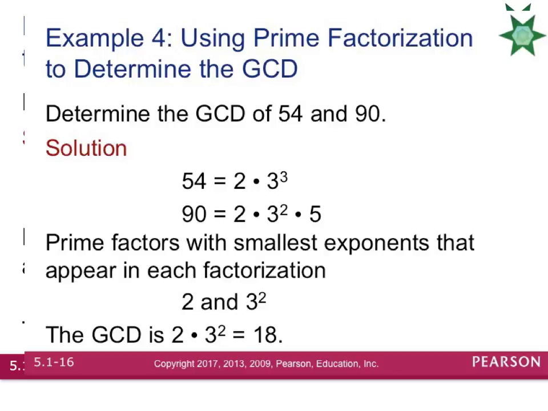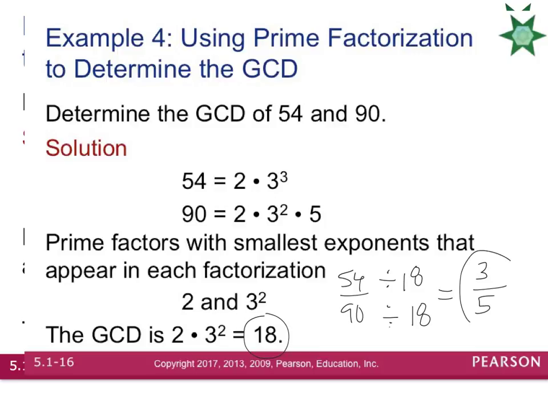And let's say we had a fraction. We have 54 divided by 90. What we can do, if we want to simplify that fraction, is divide by that GCD on the top and the bottom. So if you divide by 18, which is the greatest common divisor, on the top, and divide by 18 on the bottom, we get 54 divided by 18 is 3, and 90 divided by 18 is 5.